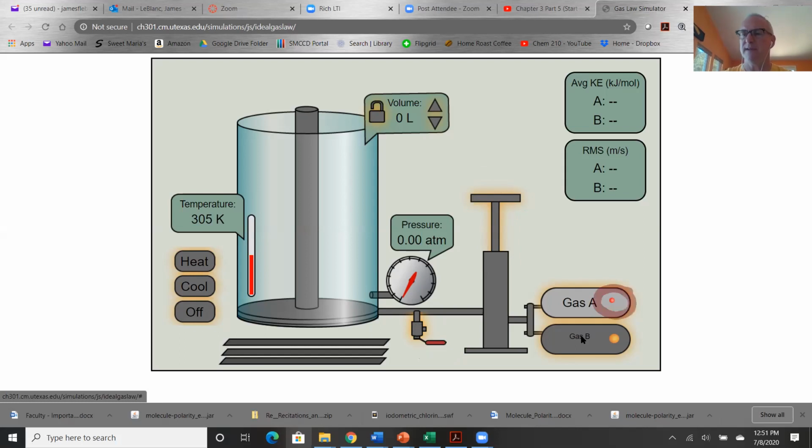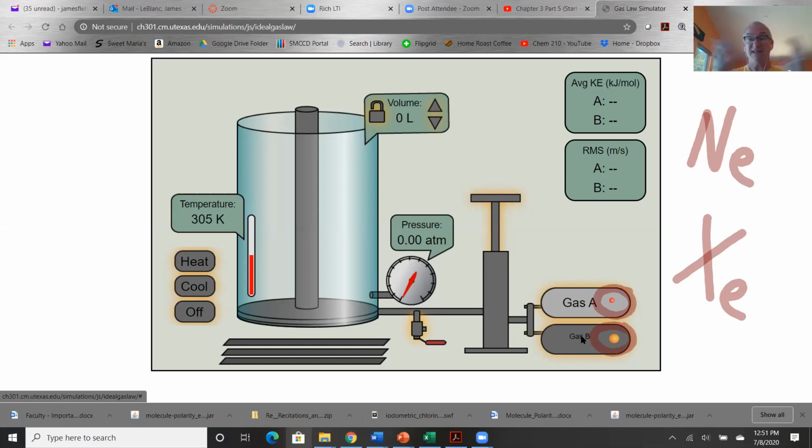Gas A would be something like neon, or hydrogen, which is pretty small, or helium, which is really small. And then gas B is bigger, something like xenon, which is a lot bigger than neon or helium. You can try different sizes of gas molecules and see if you get a different result. I think that's in one of the instructions: try a different gas and see if you get a different result, actually plotted on the same graph.